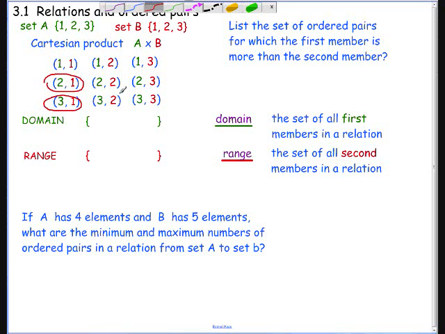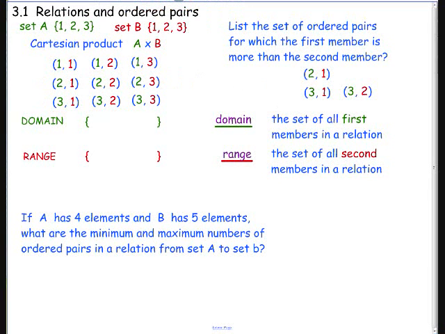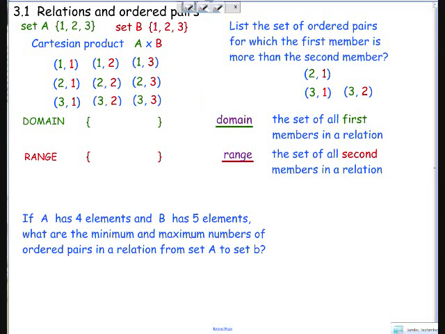Not true, not true. This one's true. And then for these, it's not true. So the list of ordered pairs for which the first member is more than the second member is recorded right here. So we just defined a relationship here, didn't we?